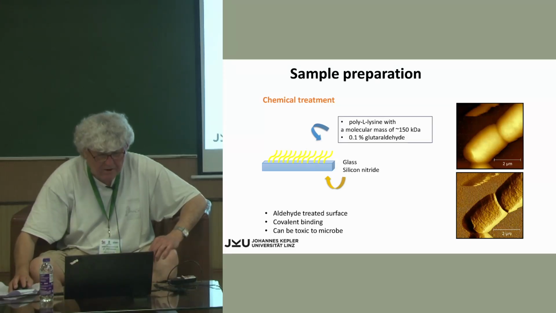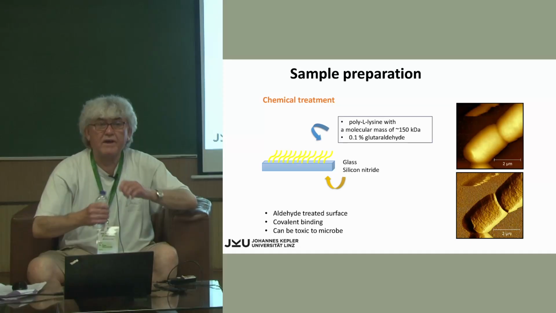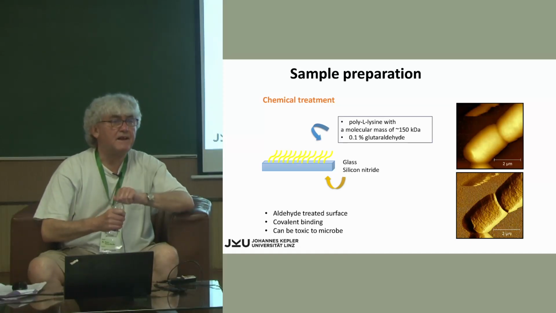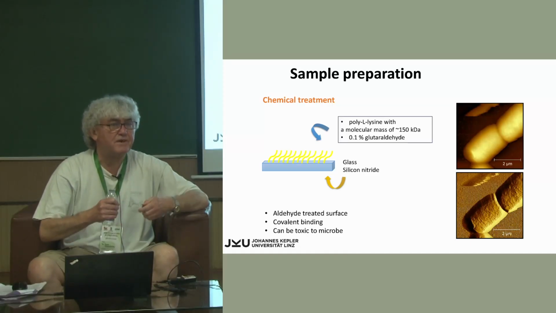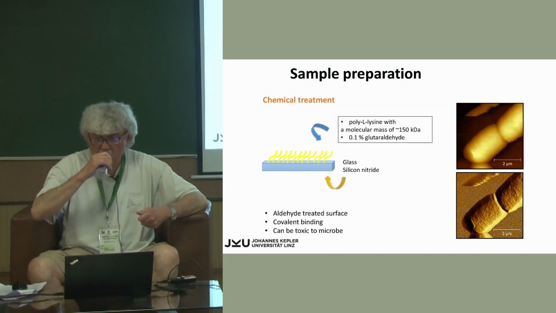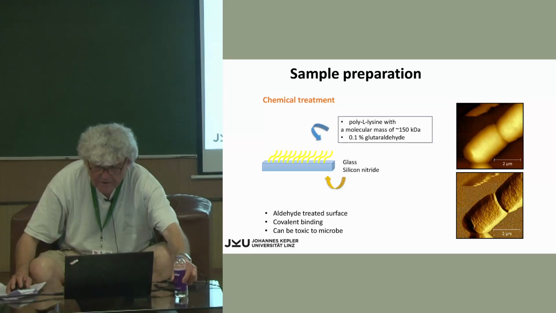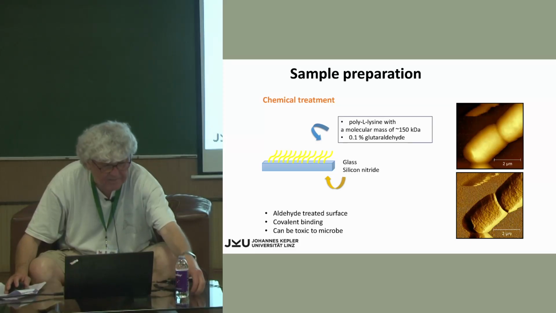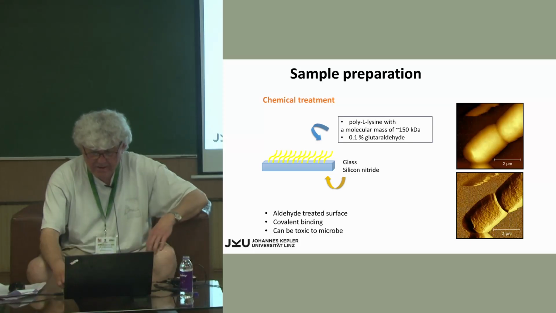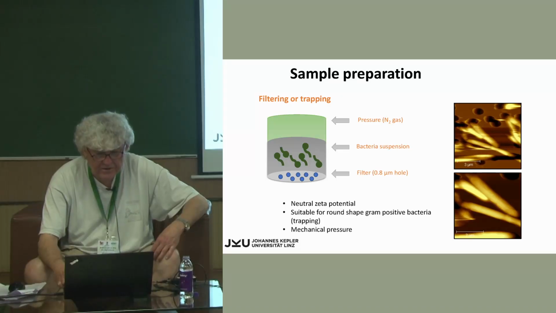But of course, one always has to be aware: the more chemistry you do, the more chances to destroy the bacteria. And these are also images that can be obtained with AFM, so AFM certainly gives a very high resolution.